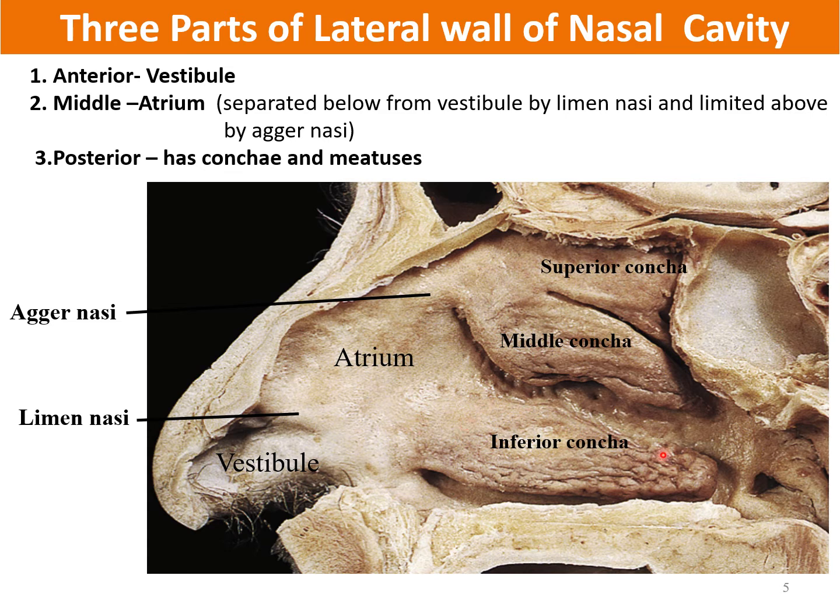If we remove these conchae, we'll be able to see the spaces which are present beneath these, and these spaces are known as meatuses. The superior concha and the middle concha, they are actually part of ethmoid bone, whereas the inferior concha is a separate bone. The smallest of the three conchae is the superior one, and inferior concha is the largest of all.